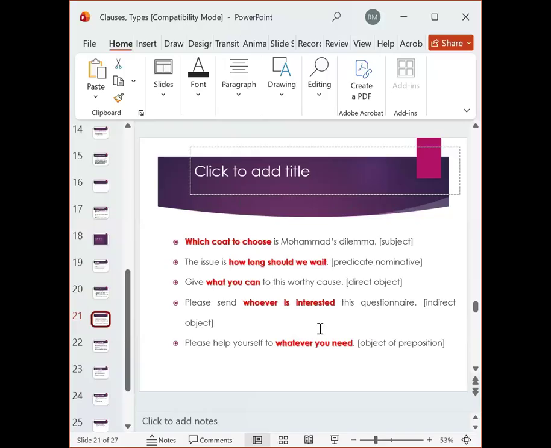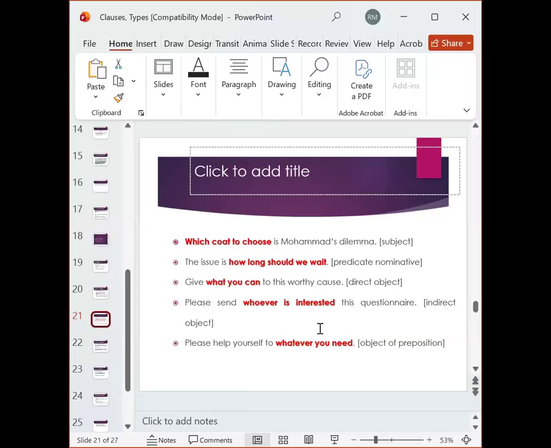Now these are more examples for the WH nominal clauses. Which quote to choose is Muhammad's dilemma. And in this context, it's the subject, indicating the state of Muhammad's dilemma. The verbs is, are, were are all state indicating verbs. If they are functioning as main verbs, they show the state of the subject.